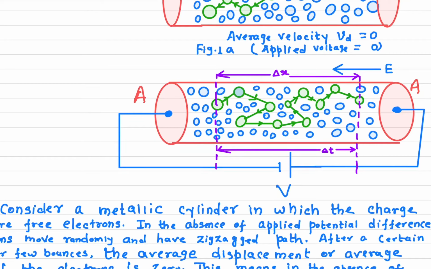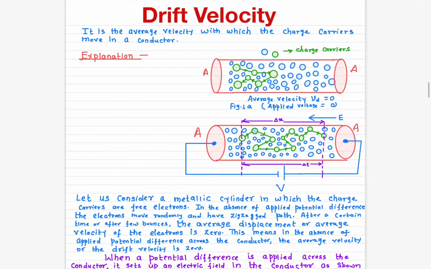All right, so if this is a positive terminal, the electrons will move in this direction, but the current will be in the opposite direction. So this is the drift velocity. Again, if you have any questions, let me know. So just to remember, the drift velocity is the average velocity with which the charge carriers move in a conductor.